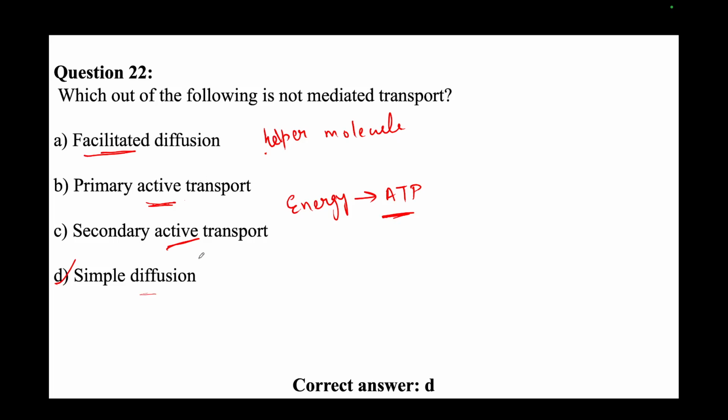Simple diffusion does not require anything. It is simply diffusing out of the membrane without any helper. We studied the example of nitric oxide. So nitric oxide is actually doing simple diffusion.